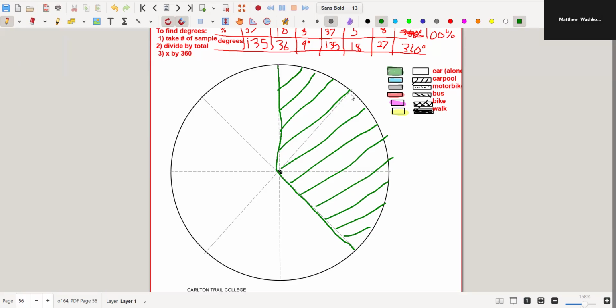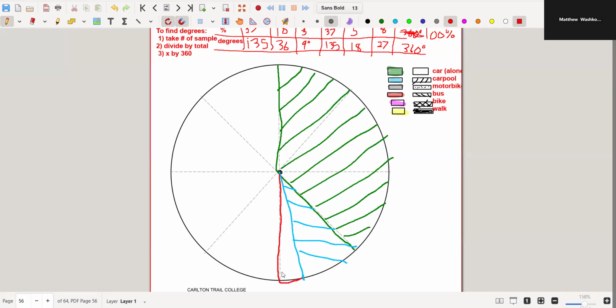Okay, so this one here is the car people drive alone. Now for 36. So if this is 45, 36 is going to take up most of this, right? So we'll say like about right here. You're just doing your best. So this one here is people who carpool. The next one's the next 9 degrees. 36 plus 9 is 45, which would be this whole section, the remainder of this section.